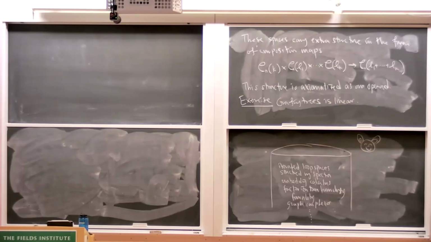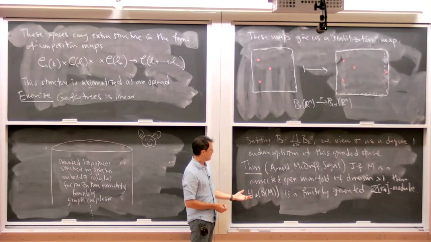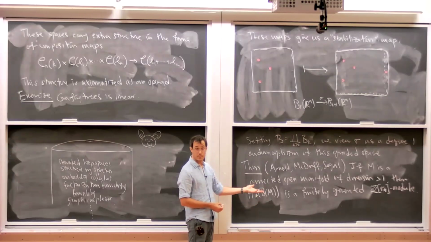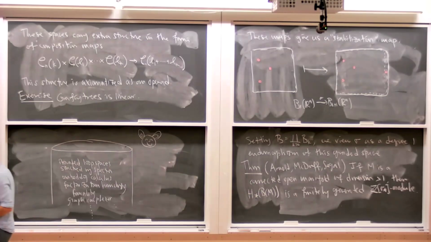So if I fix the homological degree, the dimension over the field, in other words the Betti number, is eventually equal to a polynomial of degree 0, which is constant.